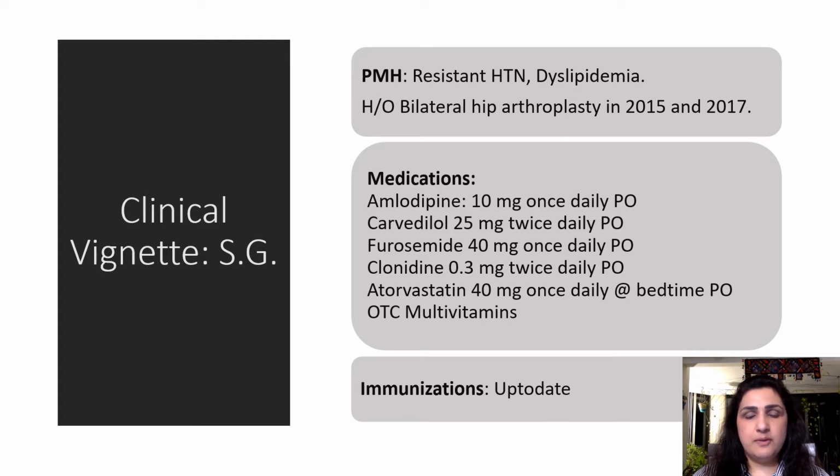Regarding the medications, because of his resistant hypertension, he has been taking amlodipine 10 milligram once daily per oral, carvedilol 25 milligram twice daily per oral, furosemide, that's a diuretic, 40 milligram once daily, clonidine 0.3 milligram twice daily per oral, and then for the statins, atorvastatin 40 milligram once daily at bedtime. In addition to this, he was also taking over the counter multivitamins. All his immunizations were up to date.